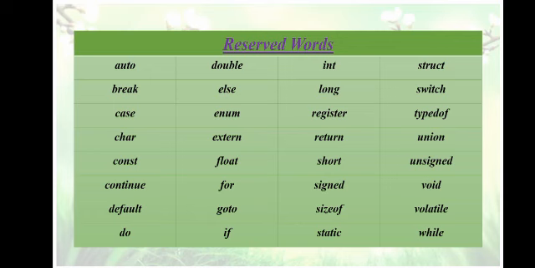These are the 32 reserved words predefined in the C program, which are built-in functions, also known as keywords, and they are written in lowercase.